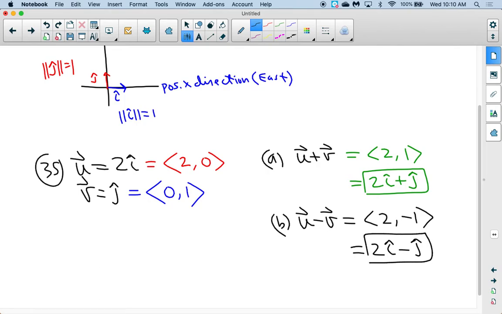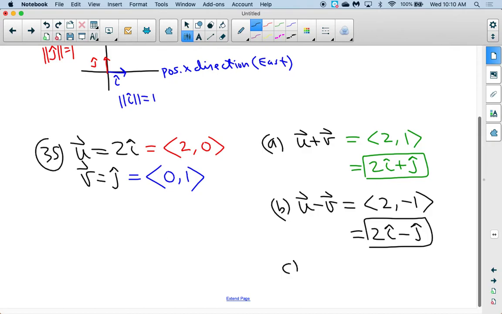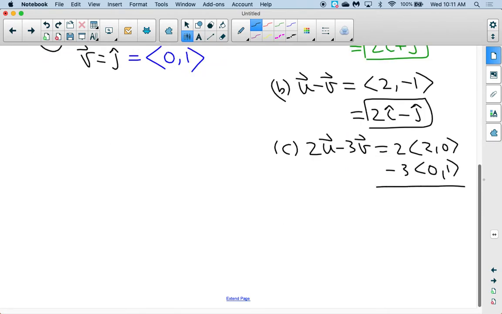And then finally, c, 2u minus 3v would be equal to 2 times 2, 0 minus 3 times 0, 1. What would that give you, class? That would give you 4 minus 0, so you'd have 4.